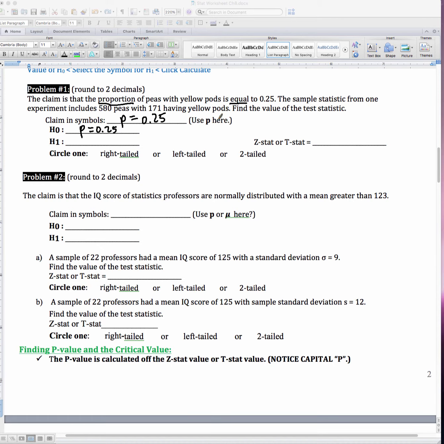Now if you notice here, there's nothing about direction. They don't say anything about we think it's more than that, we think it's less than that. So that makes your alternative not equal to. Okay, so from the notes we just did, if your alternative is a not equal to, that's a two-tailed test. And then this is a Z-stat.